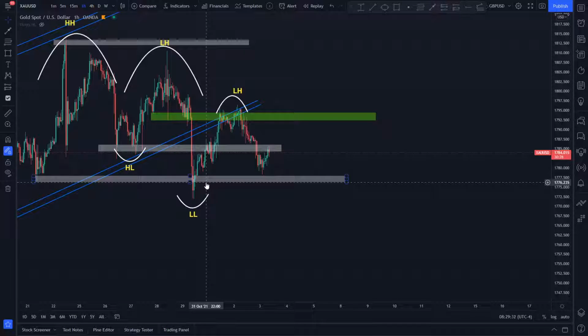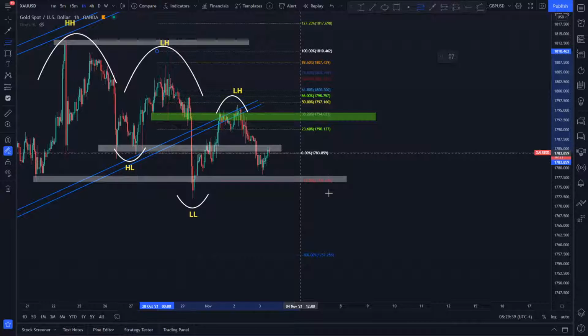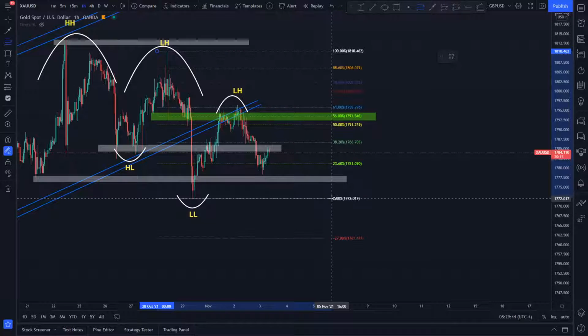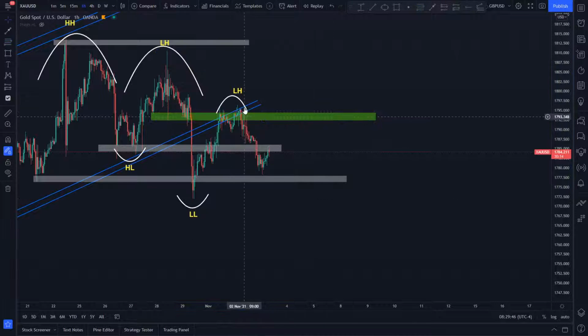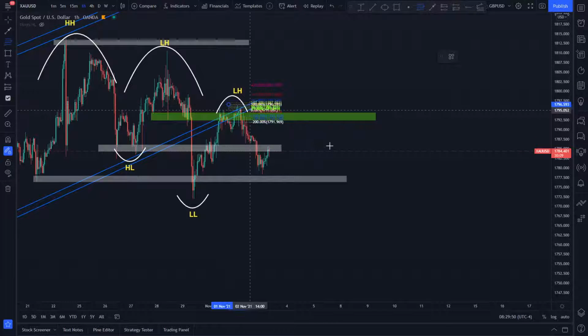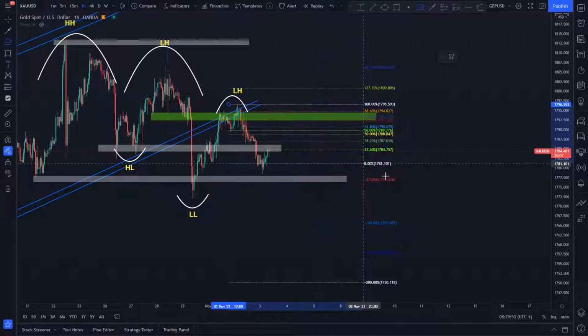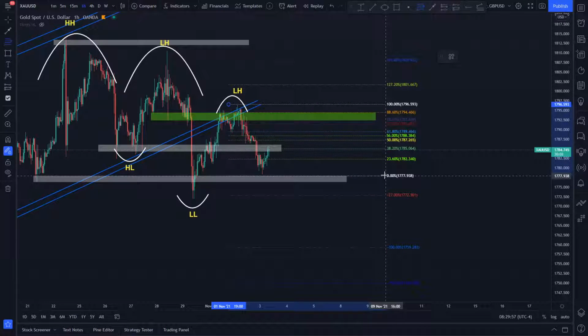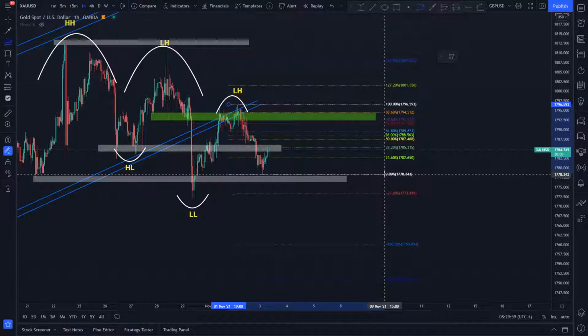No, we're going to draw it from the low high. Remember, we got to draw fibs from the low high to the low low so that we can get the next retracement level. So now that we have the low high, now we can draw fibs from here.